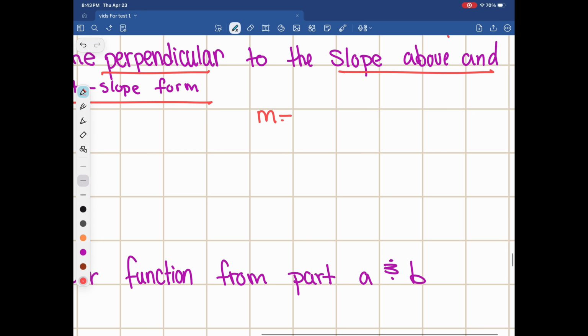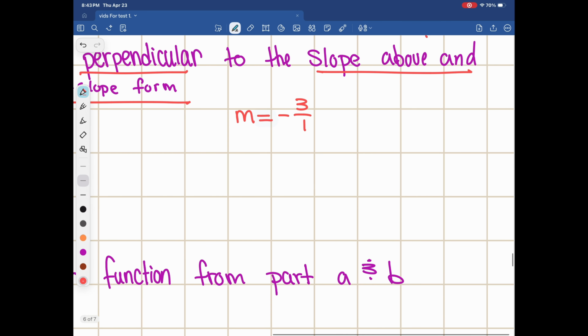So first, we know that the slope is equal to negative 3 over 1. And then we know that a line that's perpendicular to it will just flip, right? So we should have m perpendicular equal to 1 over 3, and it's going to be positive. It flips numerator and denominator, and also the sign, so it will become positive.